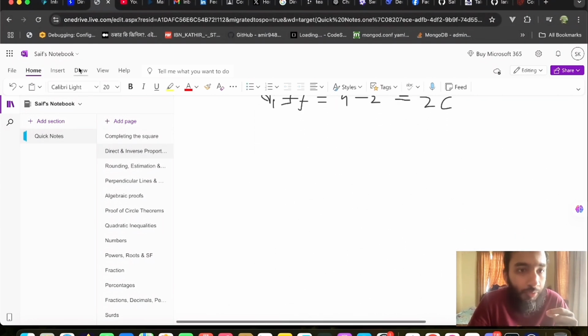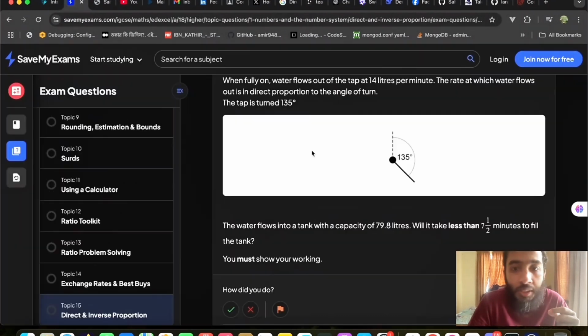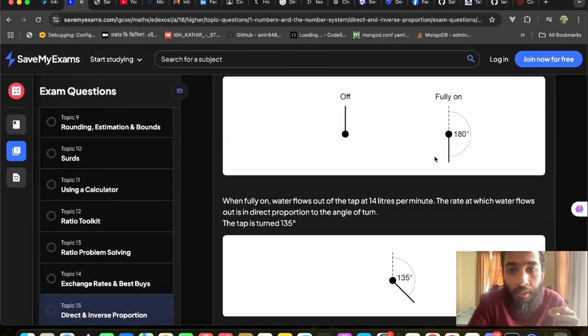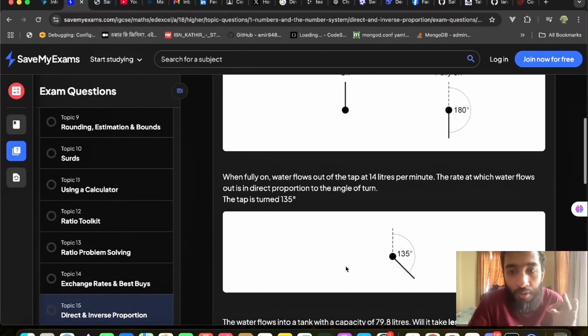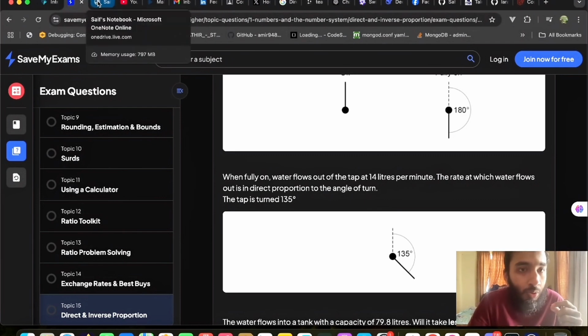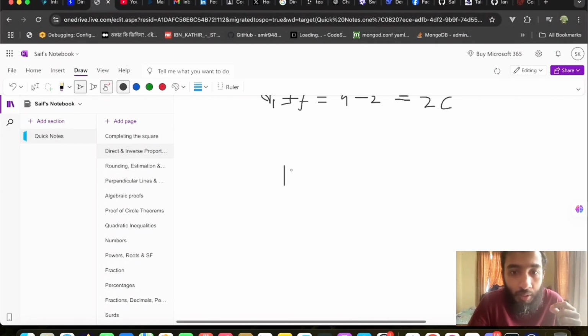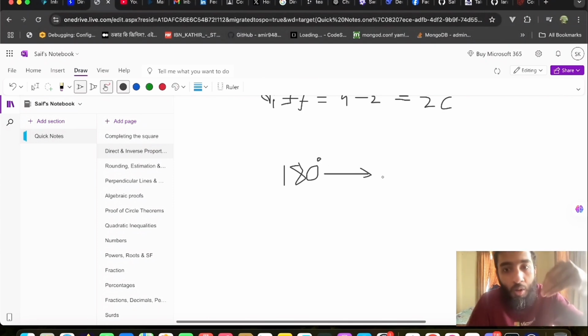Now if I use my pen tool, what information is given here? When it's fully on, the water flows at 14 liters per minute. I have to figure out how many liters of water flow when it's in a 135-degree state. When it's fully turned on, at a 180-degree turn from the off position, water flows at 14 liters per minute.